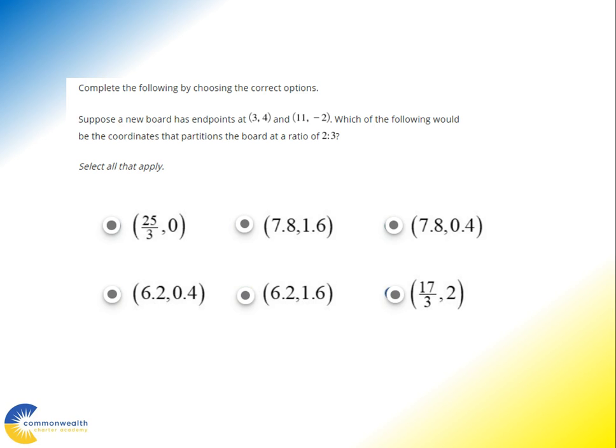Well, as mentioned before, there should be 2 points that split the board into a 2 to 3 ratio, where one side and another side have this 2 to 3 ratio. Again, a 3 to 2 ratio and a 2 to 3 ratio are considered to be the same thing as far as sizes of your pieces.